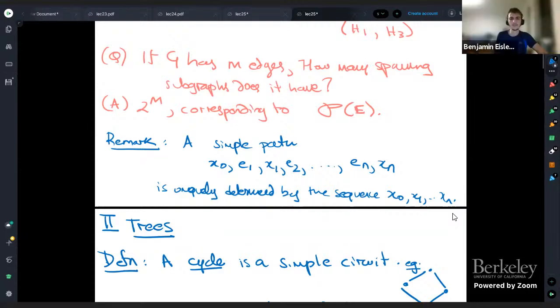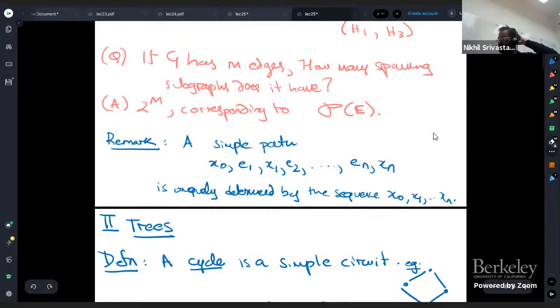Wait, so if it doesn't hold when G isn't simple, do we have to show that G is simple before we can use this in our proof? Yeah, so let me actually make this a little bit stronger.